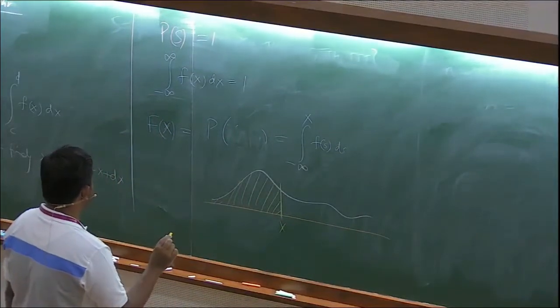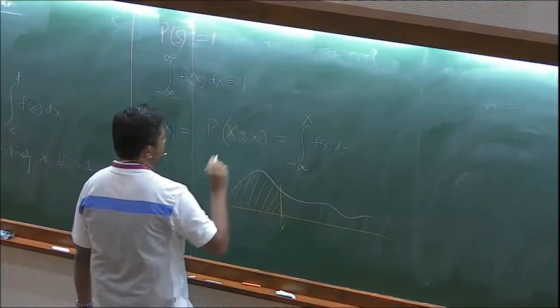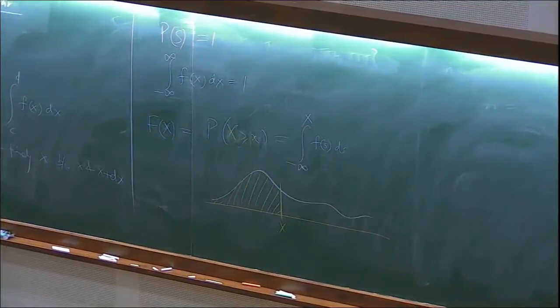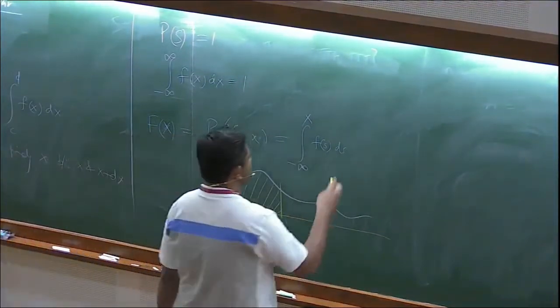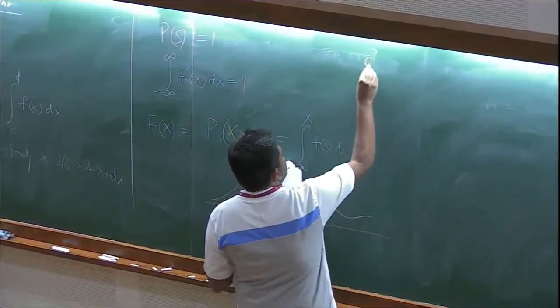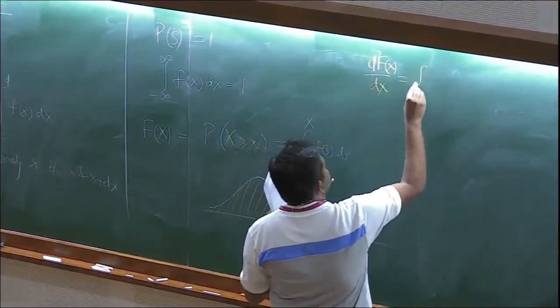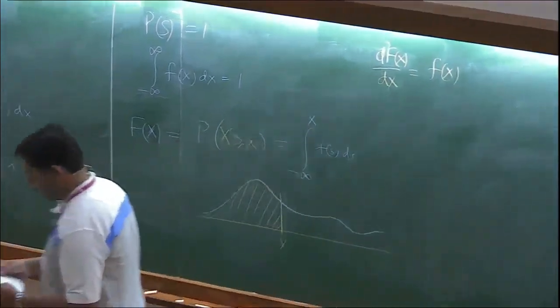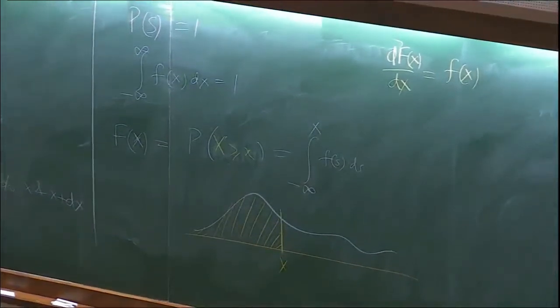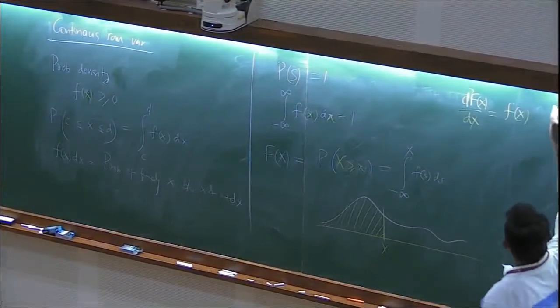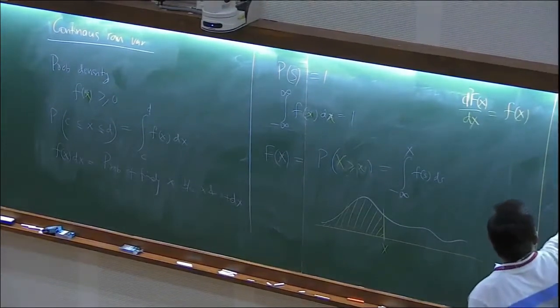By this definition, you can immediately see that the cumulative probability density and the probability density itself are related like so. If you know capital F, you know little f, and vice versa. I'll give you some examples of continuous distributions in some time, but let's look at another point. Suppose you want to look at functions of random variables.